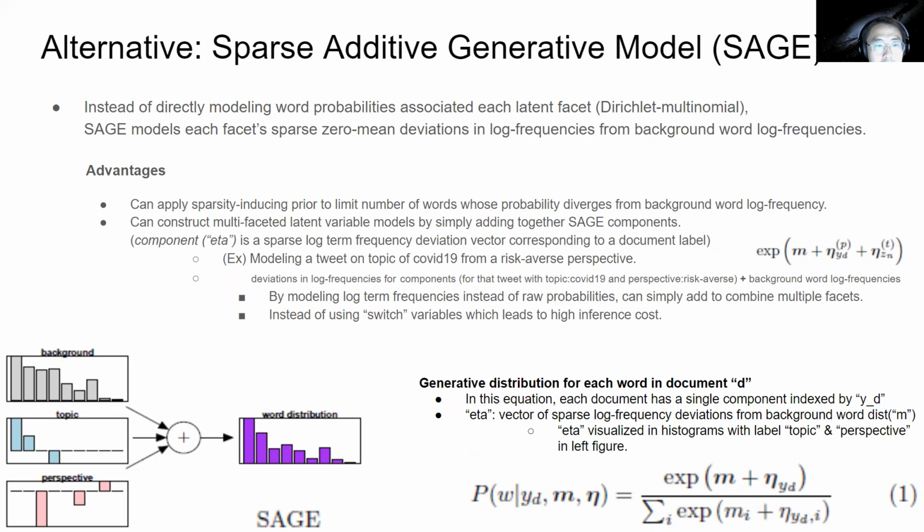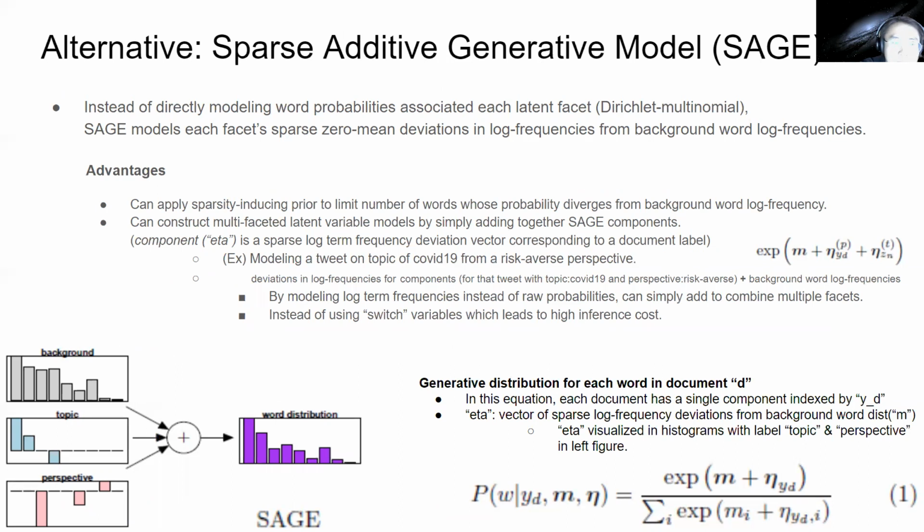So why is it called the sparse additive generative model? To dissect this term, "sparse additive" is the key part, and "generative model" is just the term.